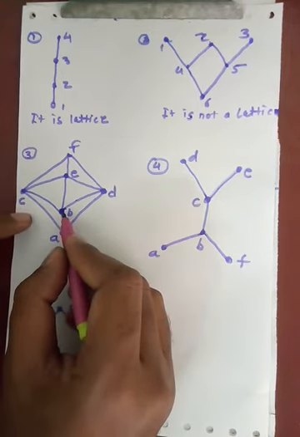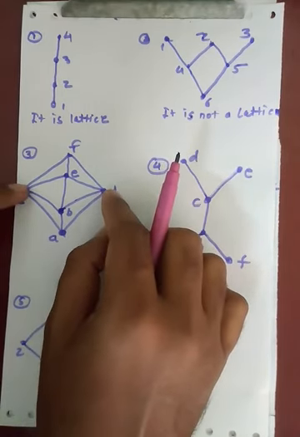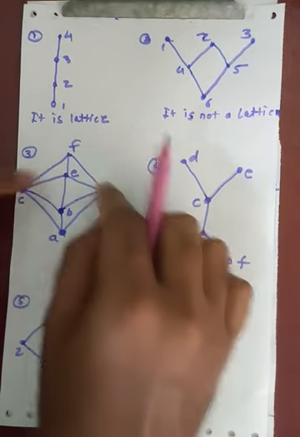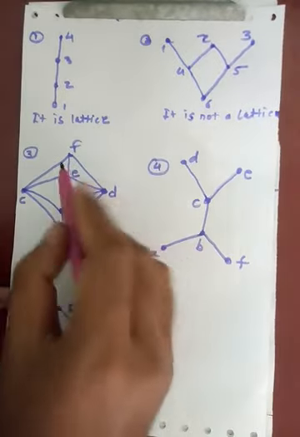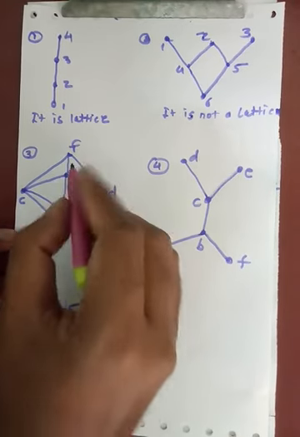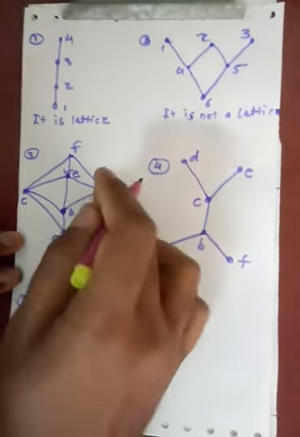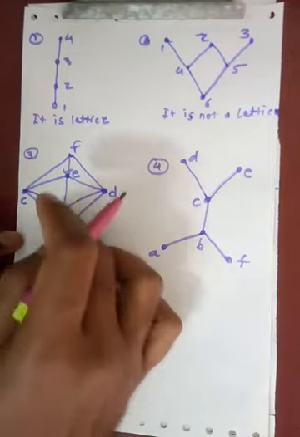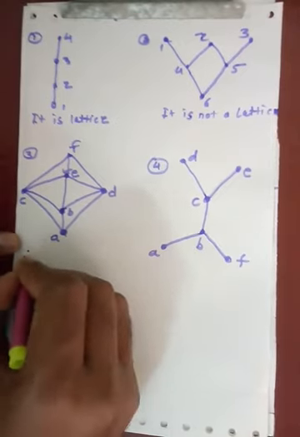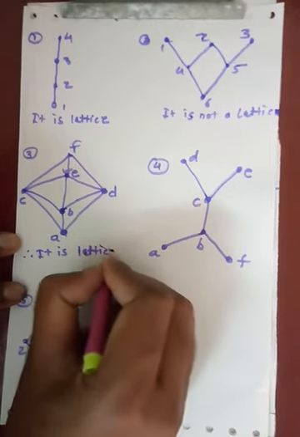So B is the greatest lower bound for C and D. Again for C and D, the upper bounds are E and F, that is, C and D join at E and they join at F. Out of these two, the least upper bound is E. So every pair has a greatest lower bound and least upper bound, therefore it is a lattice.